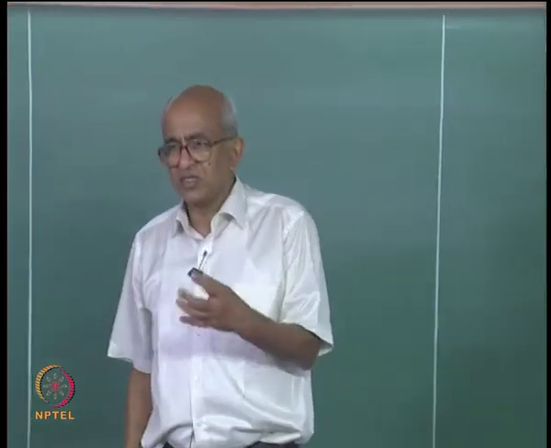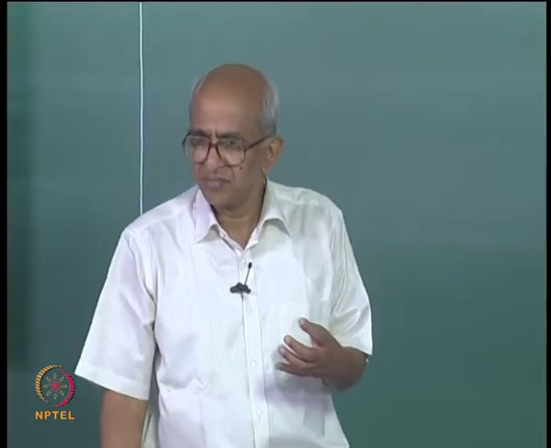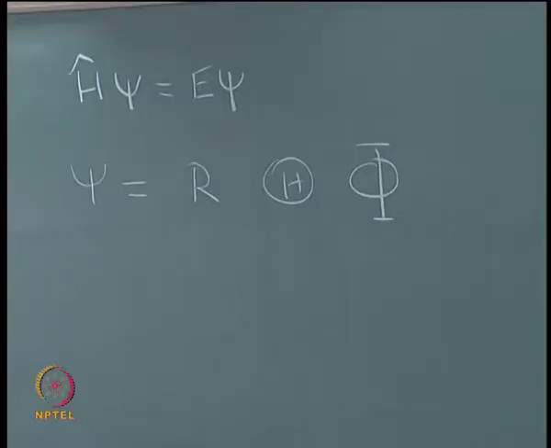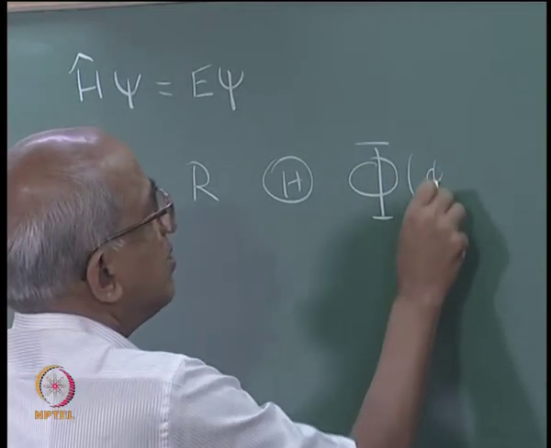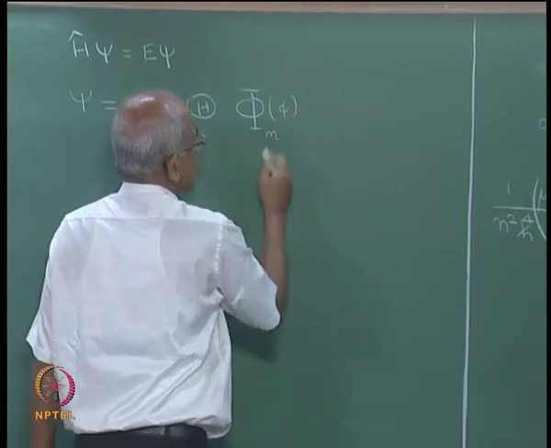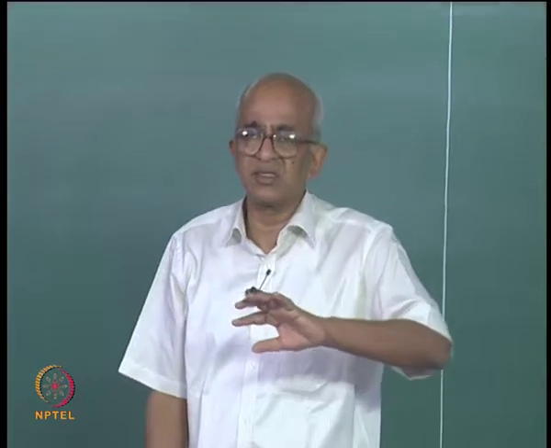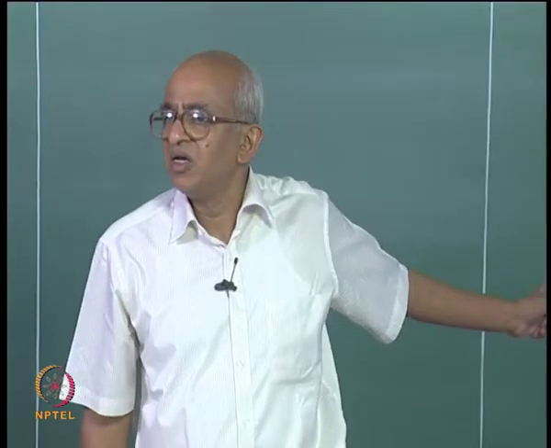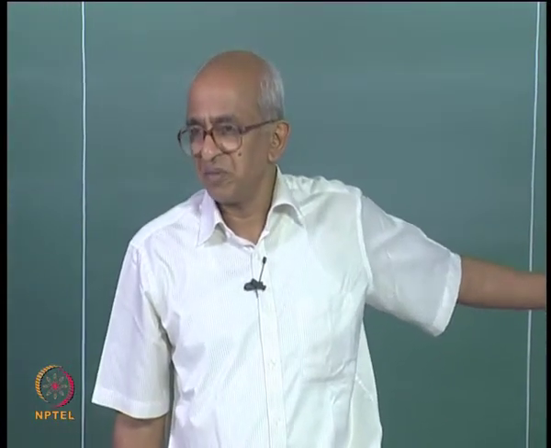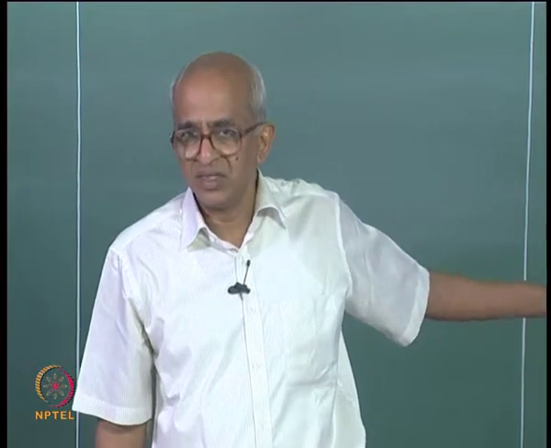And we solve the equation for capital phi. We will see the solution once more, but if you remember, the quantum number m arose in connection with that solution. By imposing the condition that the wave function is acceptable, we got the quantum number m, the so called magnetic quantum number.